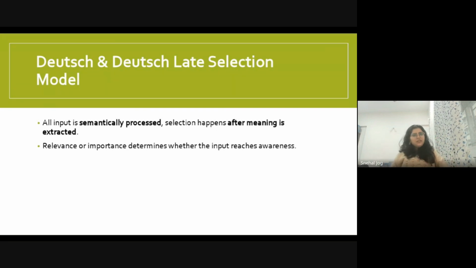Even when you talk about early selection, Treisman's model or late selection model, we are studying it very systematically. We are breaking them down into components for us to understand. But when all of this is actually happening in our brain, it is not taking so much time. It is happening very quickly.